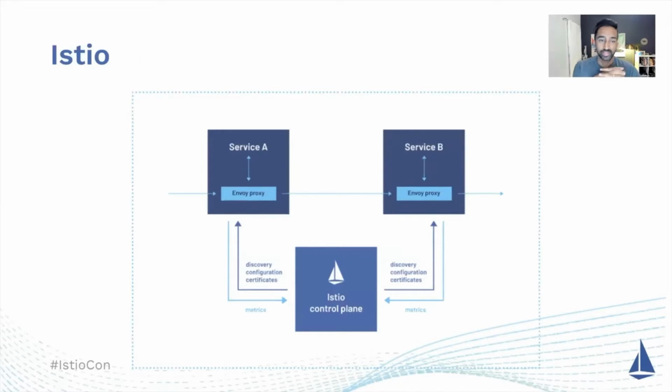Okay, so this is a simplified view of the Istio architecture. Everyone has seen this: there's a control plane on the bottom, the data plane on the top. But if you think about it, Istio, from an architecture perspective, has come a long way in simplification.